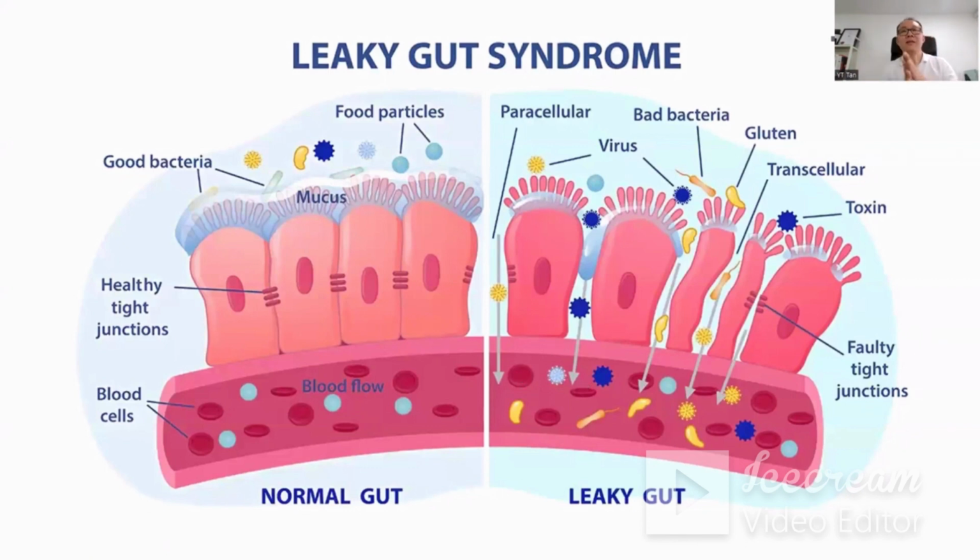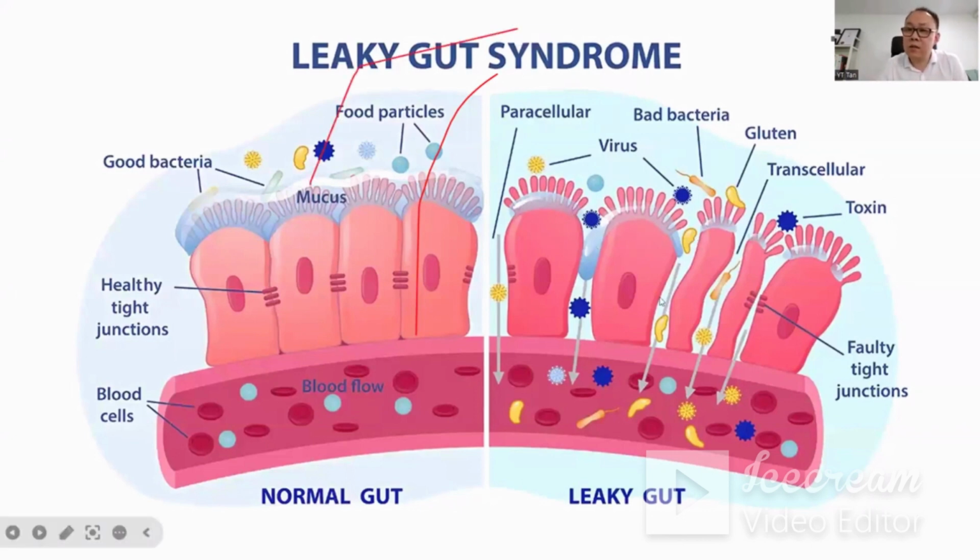Leaky gut doesn't mean that you have a hole in your gut, or a hole in your colon. It mainly means that the barrier between your colon and your blood vessel is loose. It's not that tight, so there are some spaces.